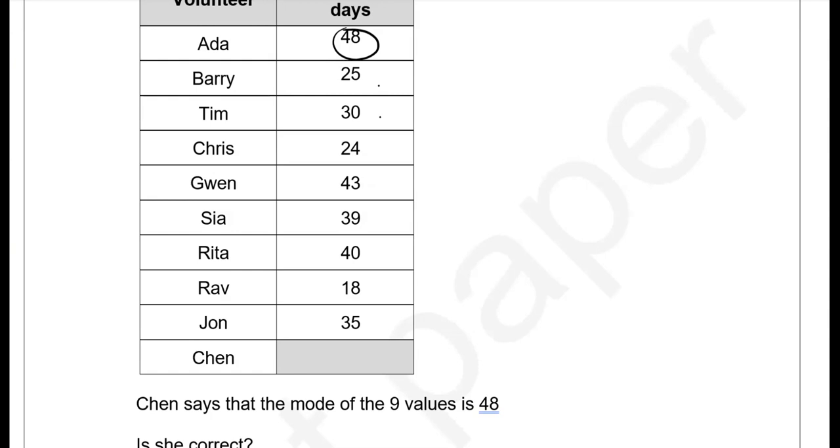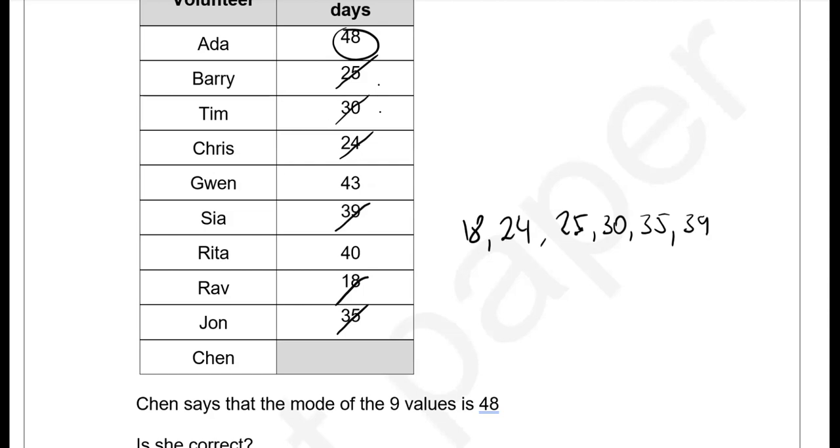So if we put these numbers in order, starting from the smallest, we'd have 18, 24, 25, 30, 35, 39, 40, 43, and 48.